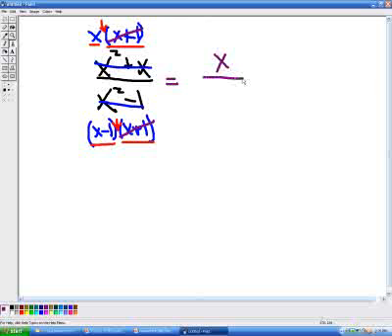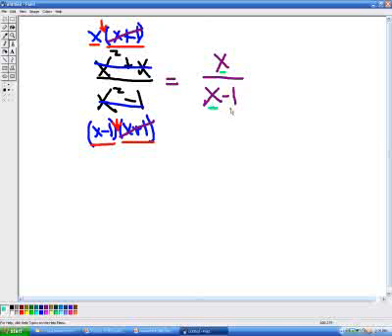X over x minus 1. Now here's the problem that comes up a lot. A lot of people will look at this and say, oh, here's an x and here's an x, numerator and denominator, so I should be able to cancel those, but you cannot. The reason you can't cancel those is because this x is not a factor. This x is having a 1 subtracted from it.